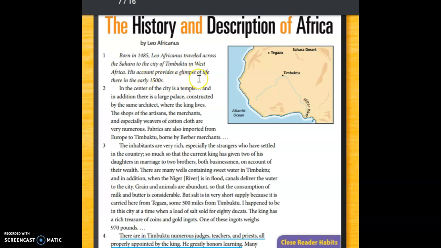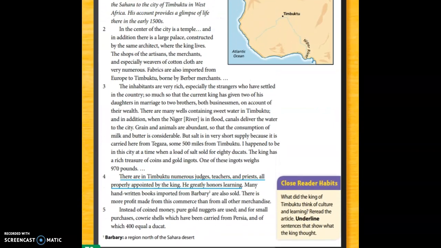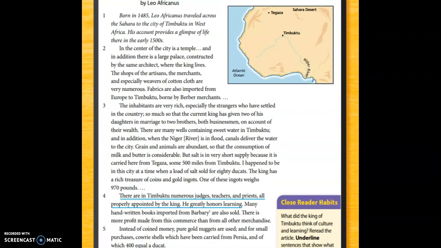His account provides a glimpse of life there in the early 1500s. So we can gather that the text is about Leo Africanus' experience of what life was like in Timbuktu in the early 1500s. So remember, as we're reading the text, we do want to gather the important pieces of information.